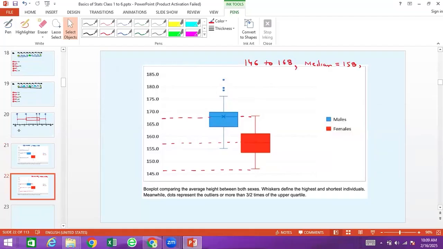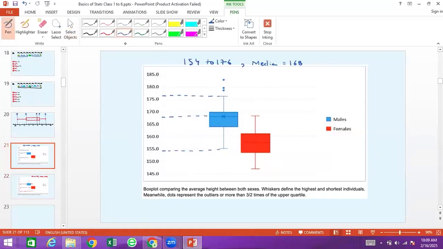Okay, what else can we know from this? We can also know the 25th and the 75th percentile. Let's say, from here to here, assuming this is, let's say, 163. So I can say that 25% of the boys have their height between 154 and 156.